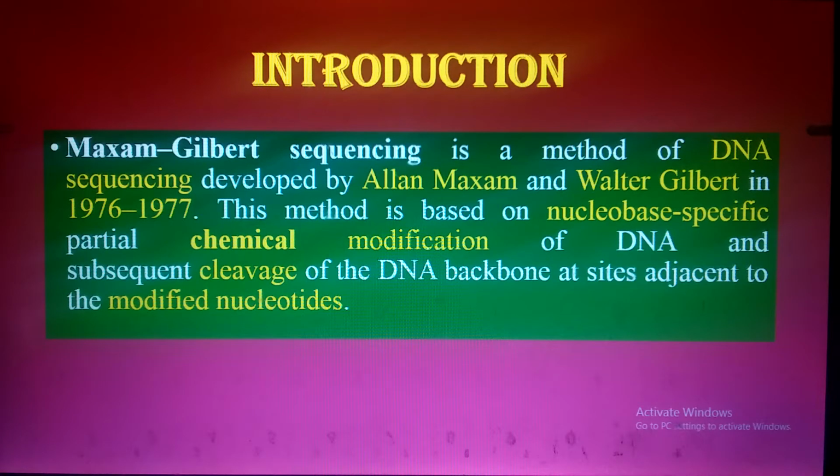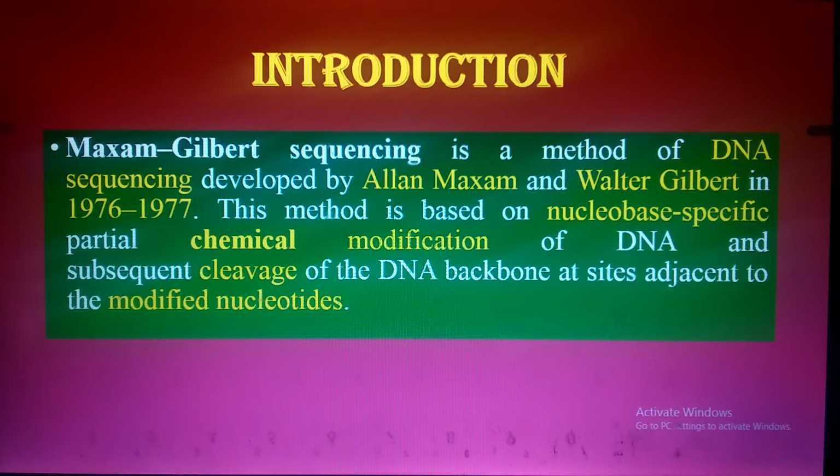This method is based on nucleobase-specific partial chemical modification. It is based on the chemical modification of the DNA nucleotide bases, the nitrogenous bases, and second, the subsequent cleavage of the DNA backbone at the site adjacent to the modified nucleotide.